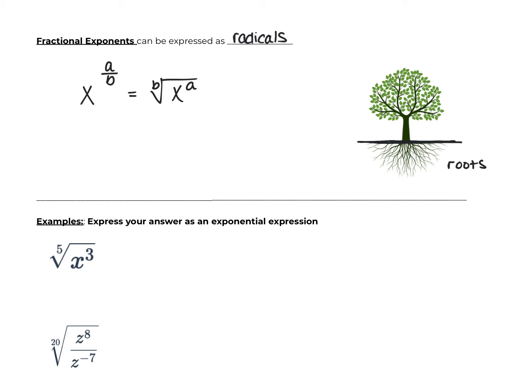So in other words, we can say that this is x to the power over root is equal to the root, whatever is on the bottom goes there, of x to whatever power.